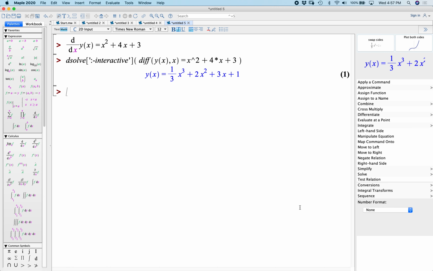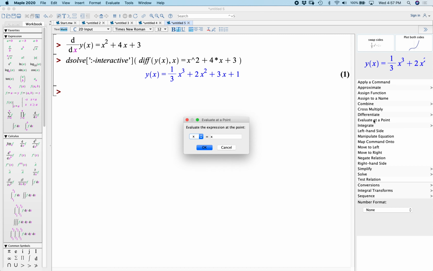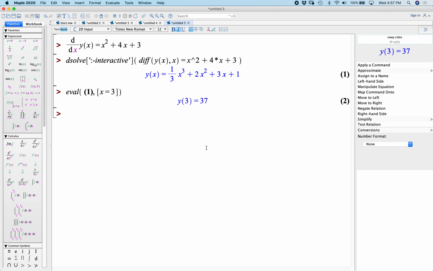Now let's say I'm evaluating at x equal to 3. It turns out that for the exact result, y(3) is 37.